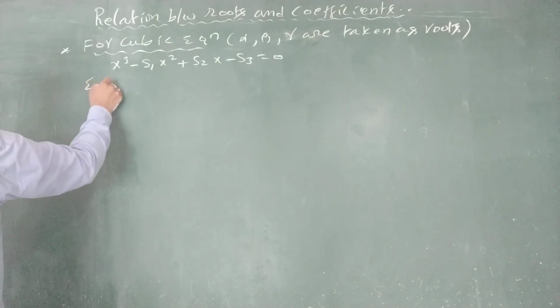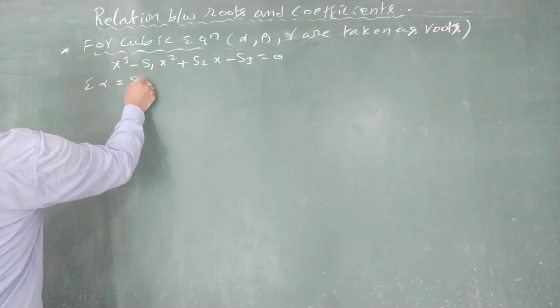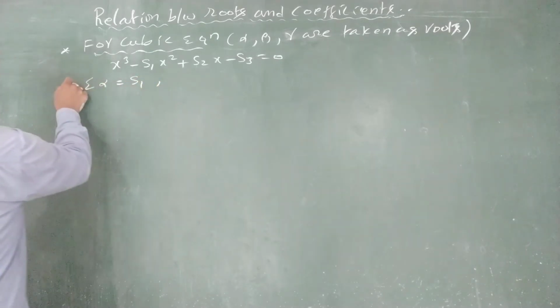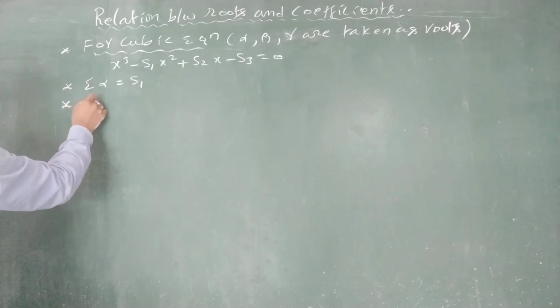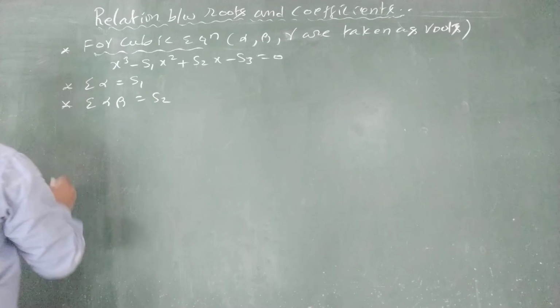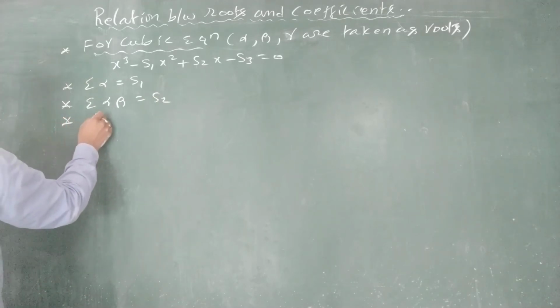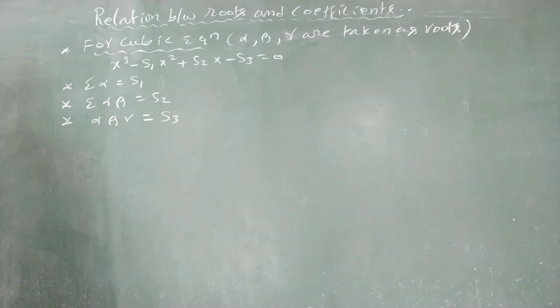Then sigma alpha is equal to s1. Sigma alpha beta is equal to s2. And alpha beta gamma is equal to s3.